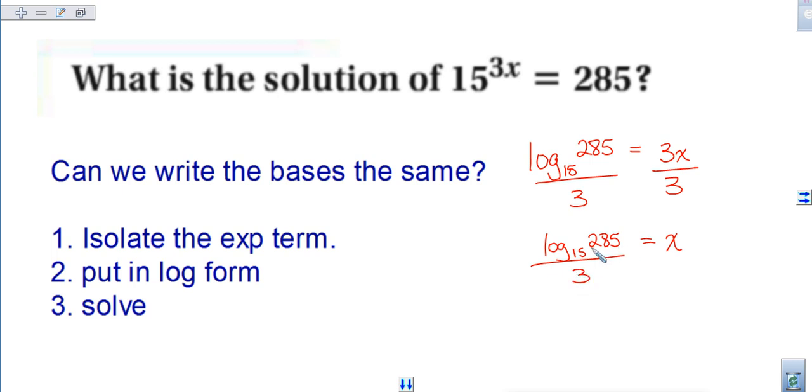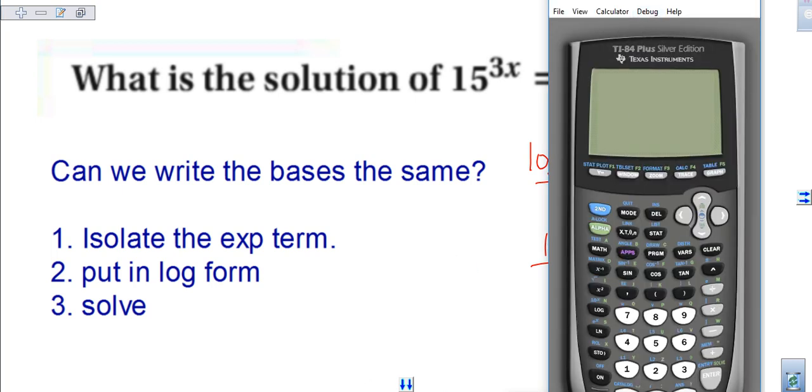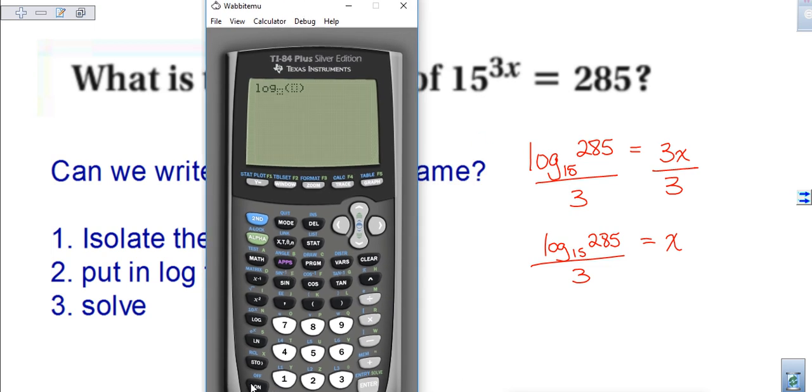And you can just type this straight into your calculator, just like it is. Use the alpha y equals button when you're making it a fraction, or just do the numerator by itself first, then divide by 3. And so we'll go to the calculator. Okay, I'll turn it on.